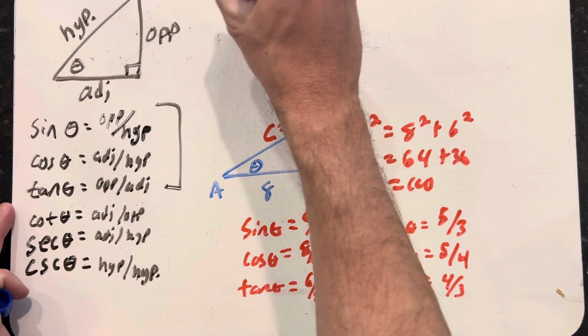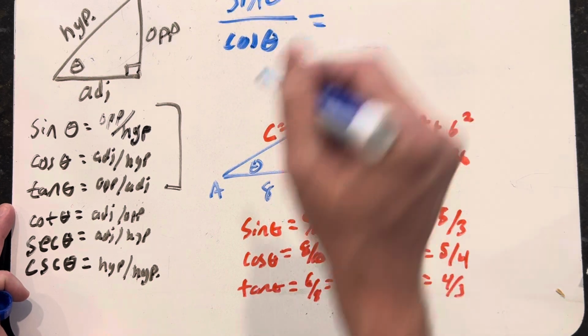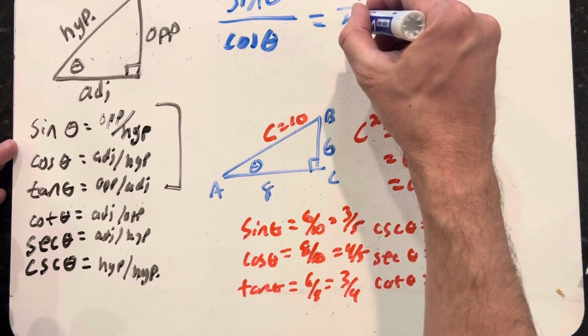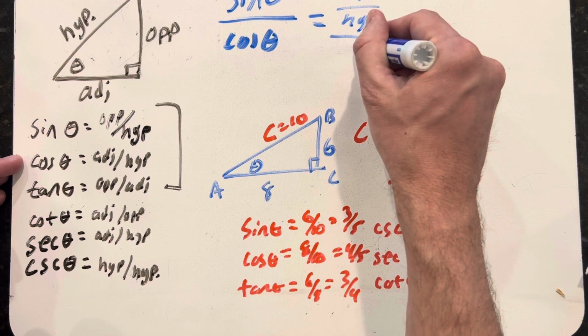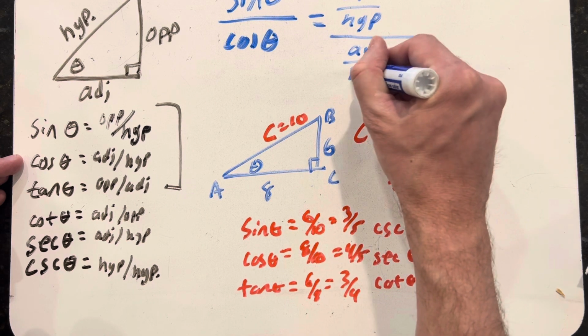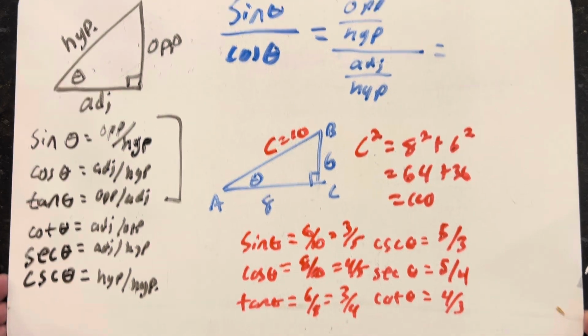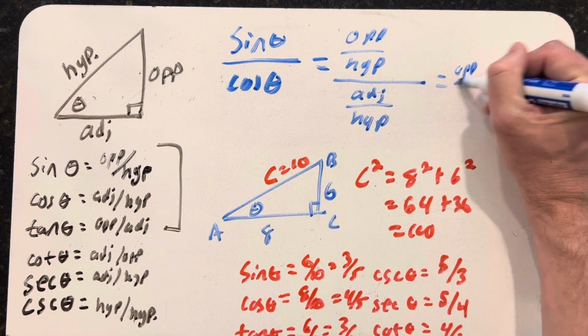So let's just imagine that I take sine of theta and I divide it by cosine of theta. Well, let's see. On top, I have opposite divided by hypotenuse. On the bottom of that fraction, I would have adjacent divided by hypotenuse. All right, well, I'm dividing two fractions. And so what I can do now is think about how to do that. I'm going to leave the top the same.